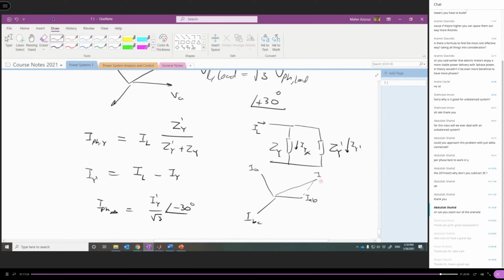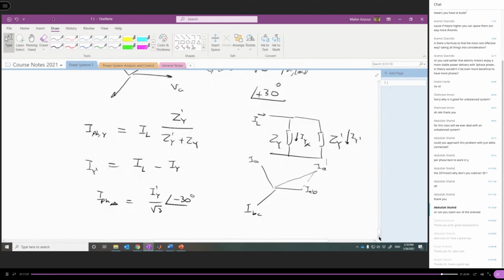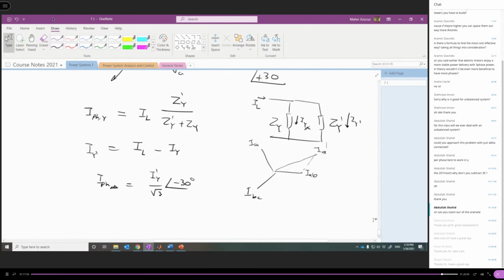This is I_A. So if you want to get the phase current, which is the line-to-line current, or actually I_AB in this case, you have to divide by √3 and decrease the angle by 30 degrees. Okay, this is how we get the current.